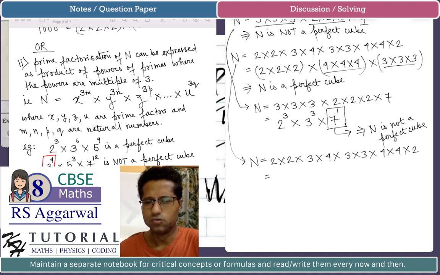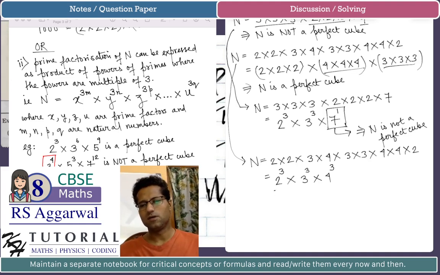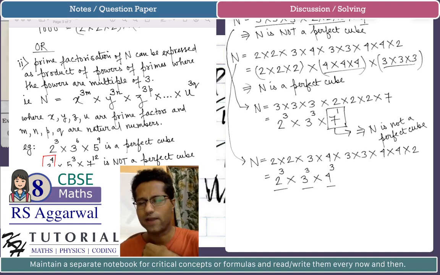There are three 2's, so 2 to the power 3, multiplied by three 3's, so 3 raised to the power 3, and of course 4 raised to the power 3. We can see that for all the separate prime factors, their powers are multiples of 3. So this implies that n is a perfect cube.